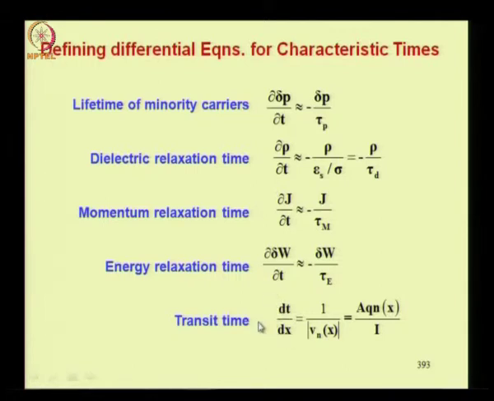However, the difference is that the other equations are of the form which lead to an exponential variation of the quantity that is being relaxed, whereas the transit time is not associated with any relaxation process, and therefore it does not have such a form of the differential equation, though it is first order.